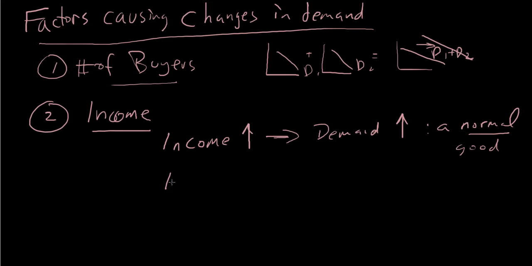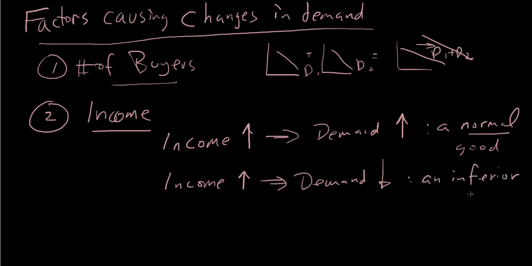On the other hand, if income goes up, sometimes the demand for the good goes down. And if that happens, we call that good an inferior good, right? Mostly, normally, that's what happens: if you have more money, you purchase more of the good. But for some products, there is a decrease in demand as income goes up.